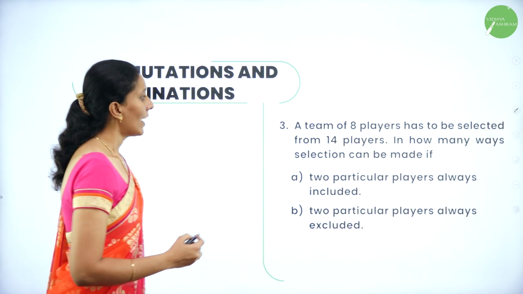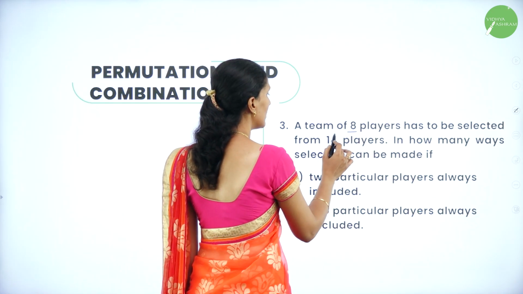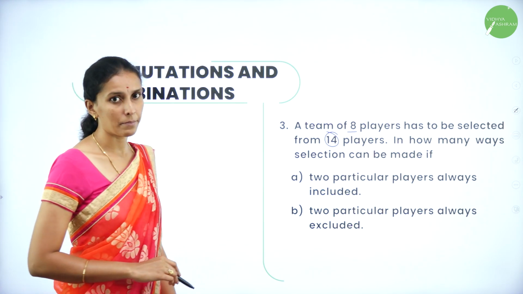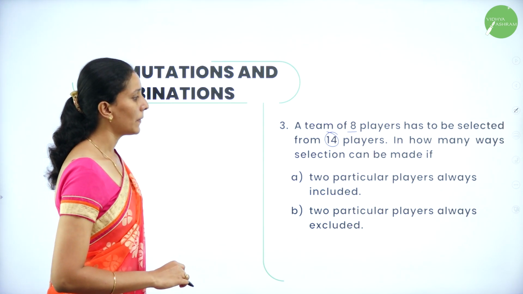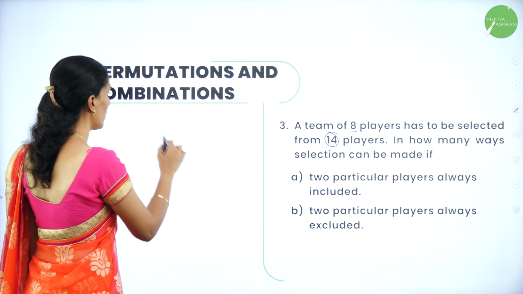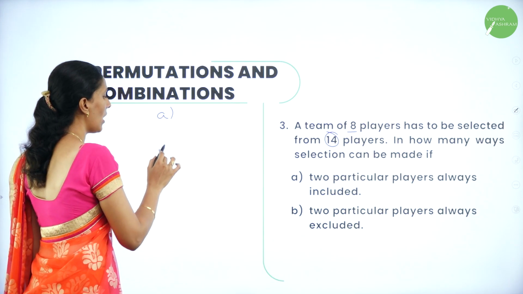Next question. A team of 8 players must be chosen from 14 players. In how many ways can a selection be made if 2 particular persons are always included and 2 particular persons are always excluded? I hope you understood now.